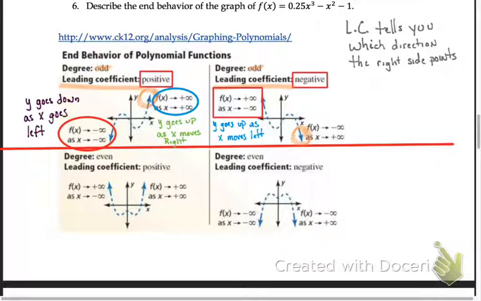Same way then, whenever we talk about here, y goes down as x moves right.